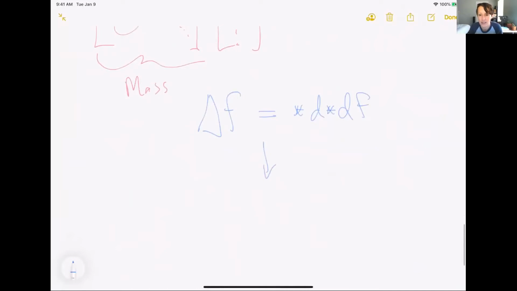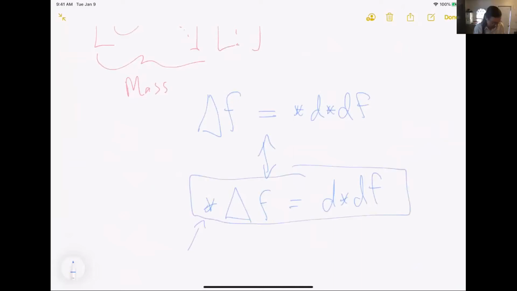Yeah, this is another way. That's nice, Catherine. This is another way to say it, is that you can rewrite the equation like this, and this is essentially when you take the Hodge star, that's the multiplication by the mass matrix. Mm-hmm. So it's really discretizing this equation instead of this equation. The inverse mass matrix. So it'll be the areas, not 1 over the areas. Yeah. It's the inverse mass matrix, right?